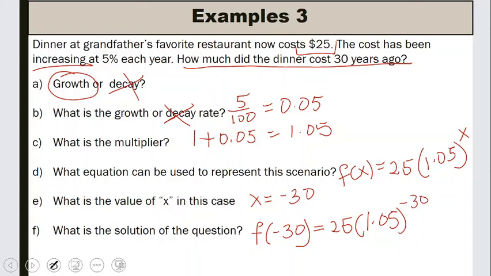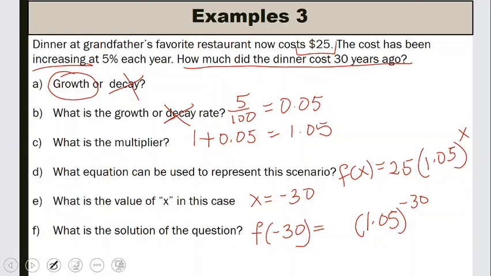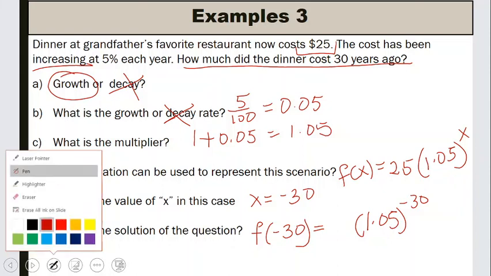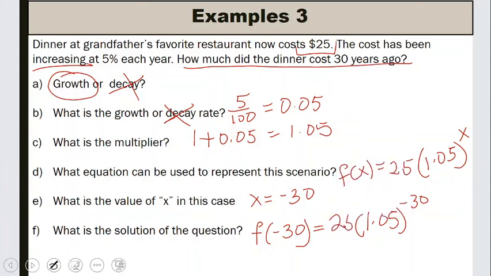If you type that into your calculator, you're going to get 5.78. Okay, so that means dinner cost $5.78 30 years ago at grandfather's favorite restaurant.